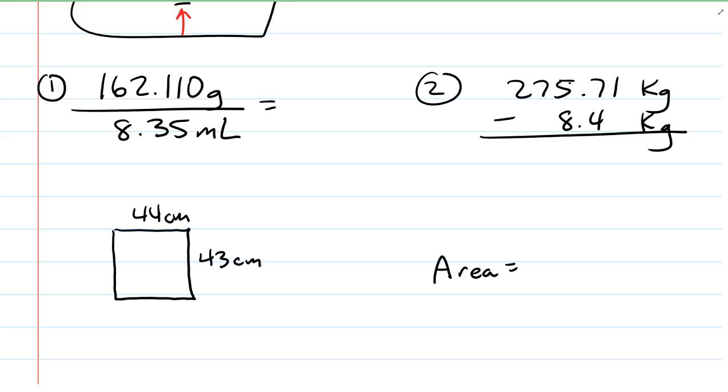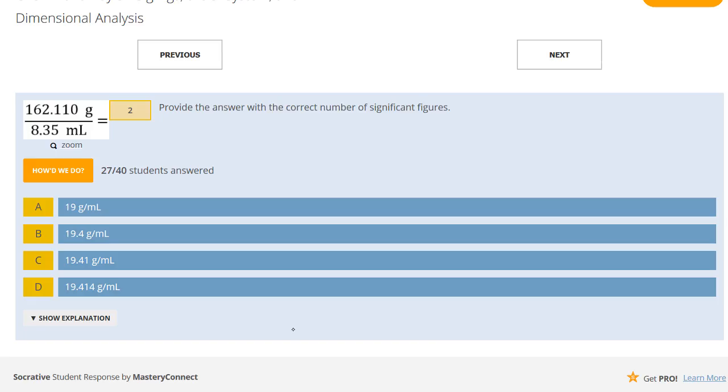It will take about 10 more seconds. Get your answers locked in here. We'll count down. 5, 4, 3, 2, 1. Correct result is 19.4 grams per milliliter.